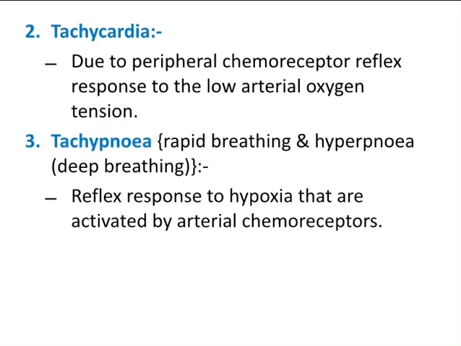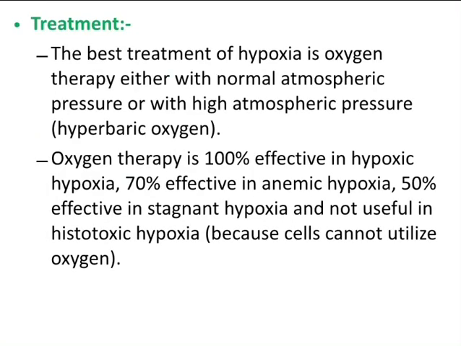It is also a reflex response to hypoxia, activated by arterial or peripheral chemoreceptors. Now we are not going into much detail on signs and symptoms of hypoxia, because if you have understood regulation of respiration and types of hypoxia, then you will easily be able to understand the signs and symptoms of hypoxia.